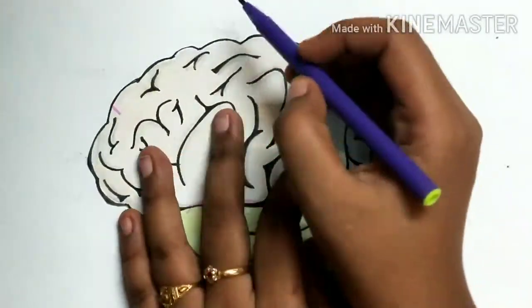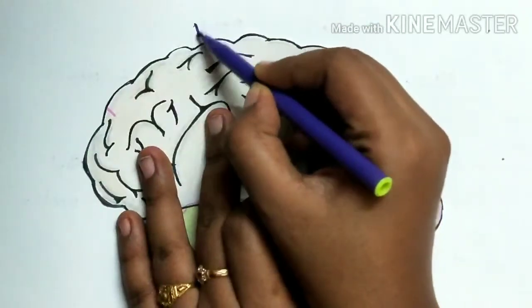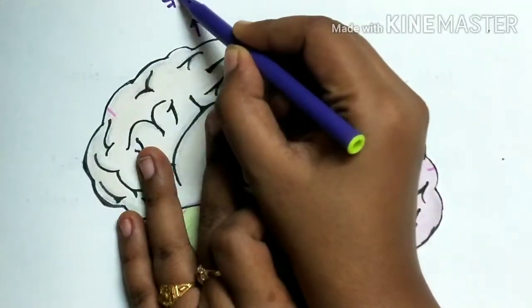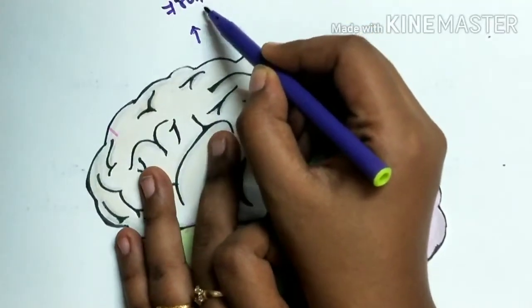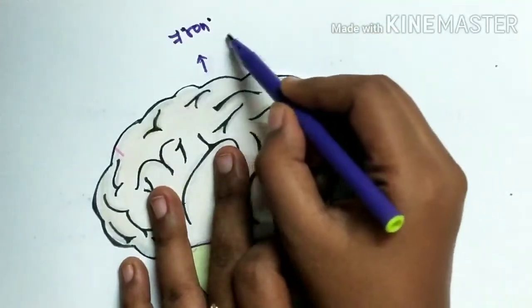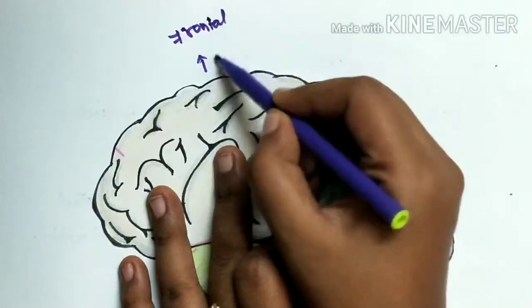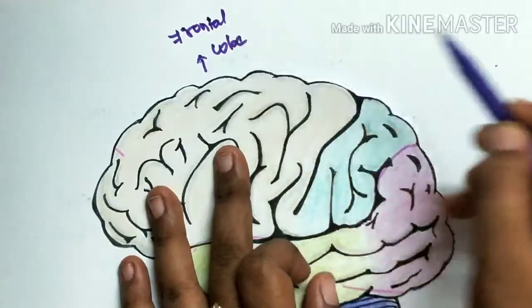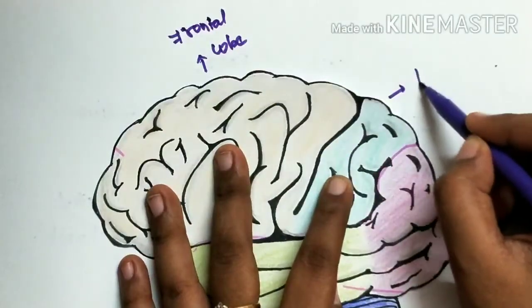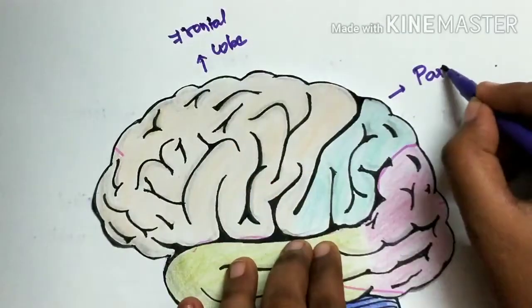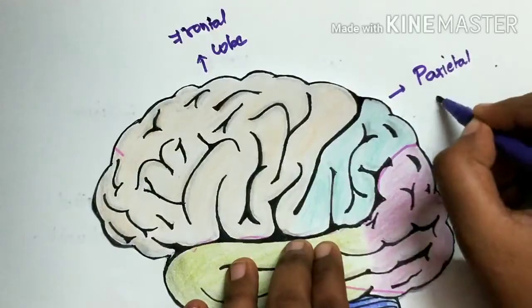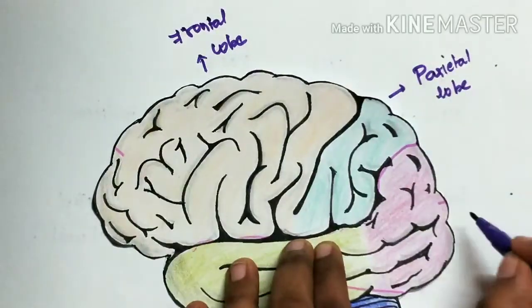The first is the frontal lobe, situated in the front, which is involved in analytical processes. The next one is the parietal lobe, behind the frontal lobe.